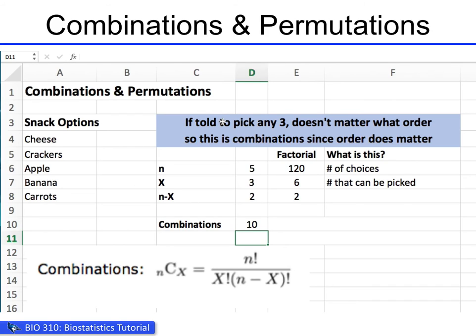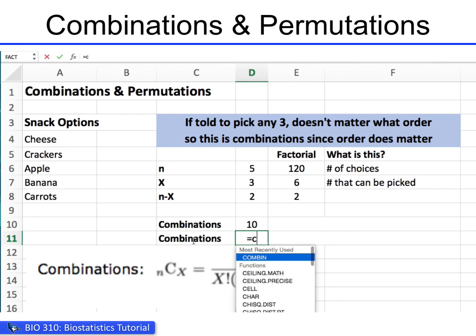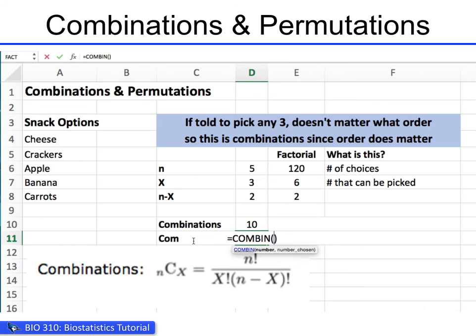So we can also do this another way, because if you remember from that formula sheet that I gave you, Excel has a nice easy combinations formula. So it's equal to COMBIN, so we can just hit tab when we see the formula that we want pop up. And remember, they always give you these helpful pop-up tips.